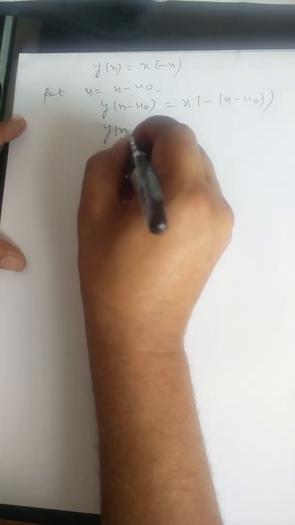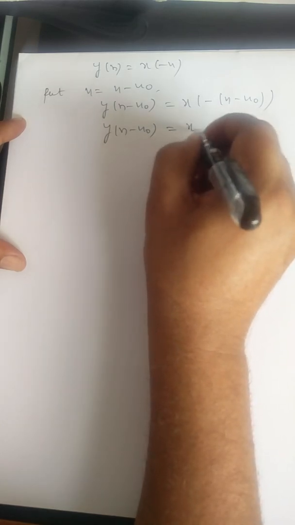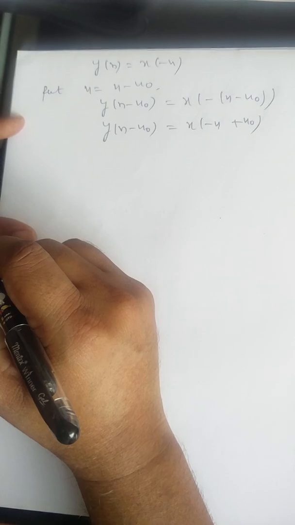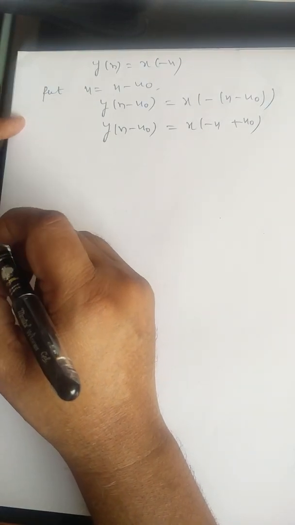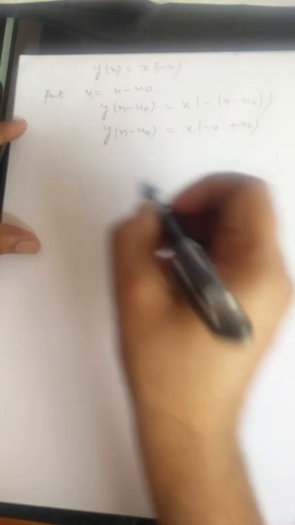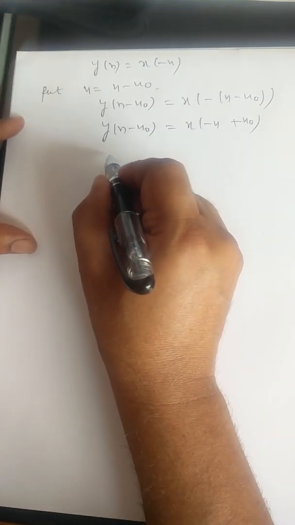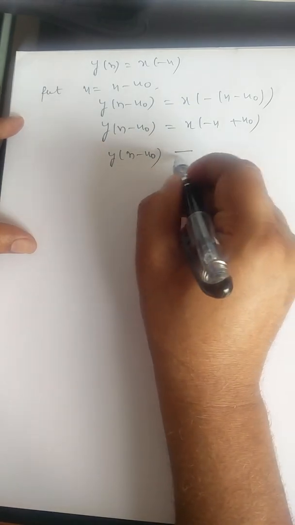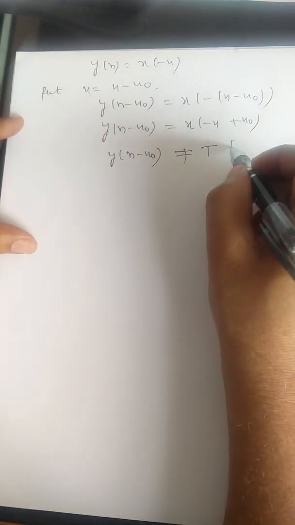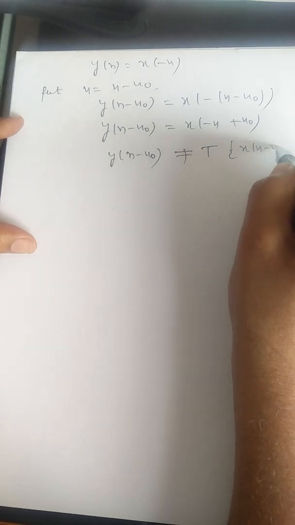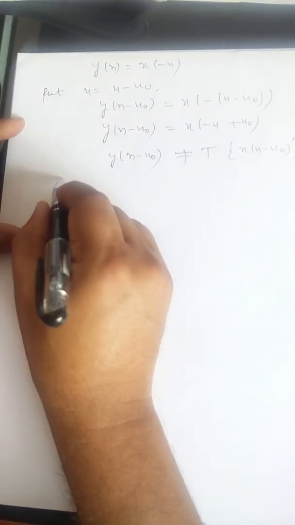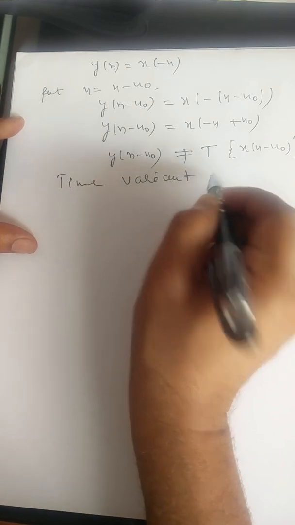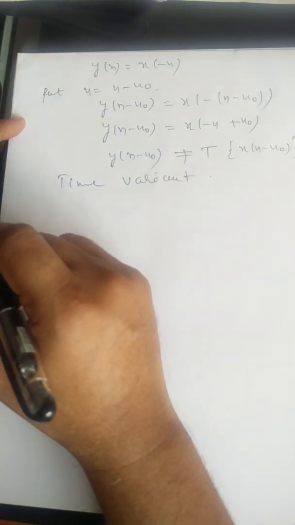That is nothing but y of n minus n naught is equal to x of minus n plus n naught. Here it is not in accordance with the delay in the input signal. That means y of n minus n naught is not the same as x of n minus n naught. Hence it is a time variant system.